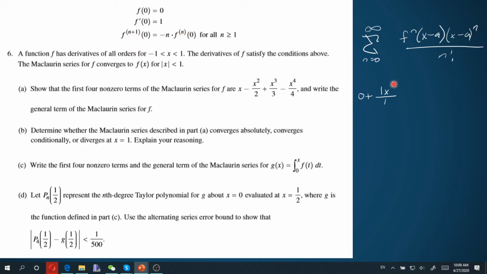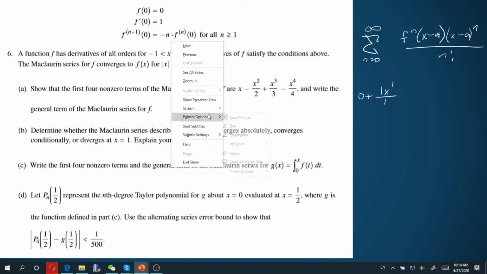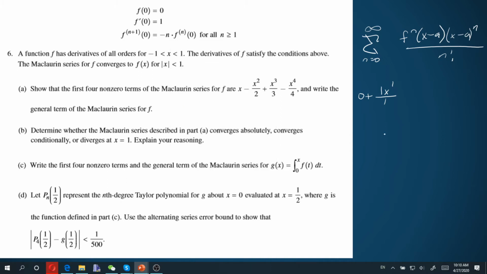It will be the previous derivative, which is here, at x times negative n. So -1. Okay, negative 1. The second derivative at 0 is negative 1.